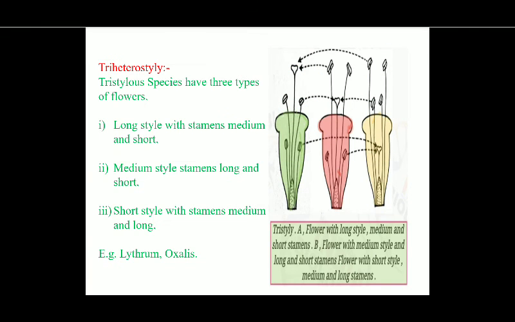Now you can see for yourself how pollination effectively occurs in this plant species.